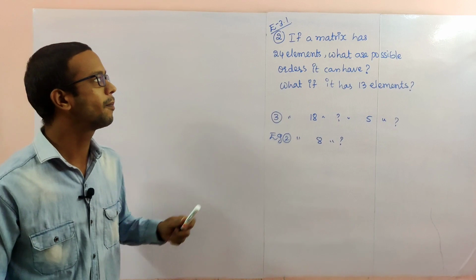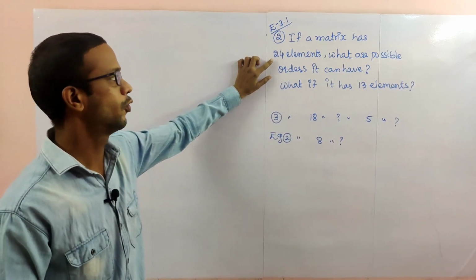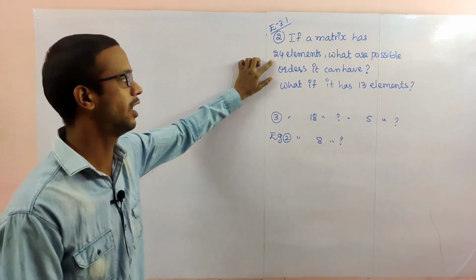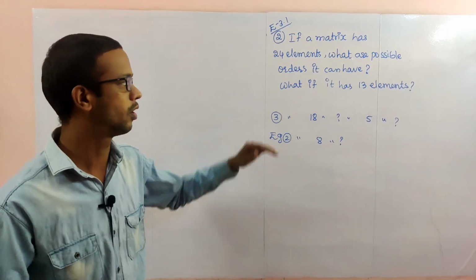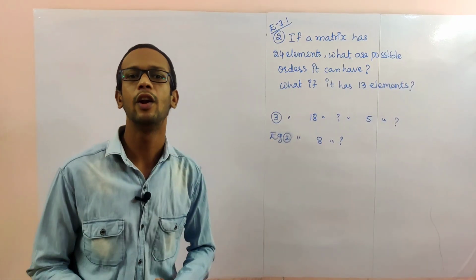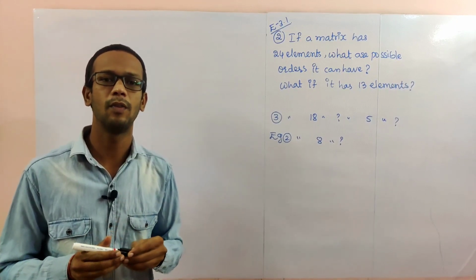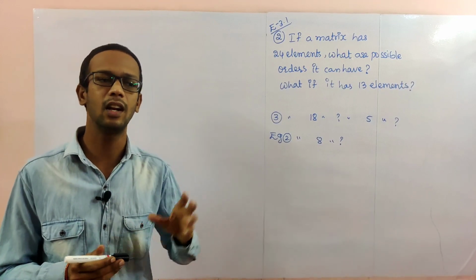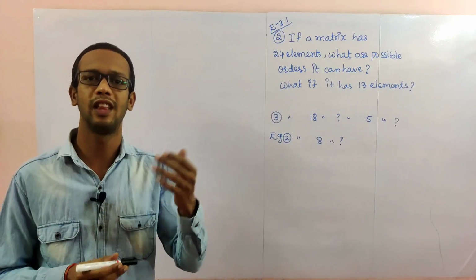Next, problem number 2. If a matrix has 24 elements, what are the possible orders it can have? I am taking only the first question here. 24 elements are there. Observe the previous problem, 3 fours are 12, so 12 elements: one possibility is 3 rows and 4 columns, or 4 rows and 3 columns.